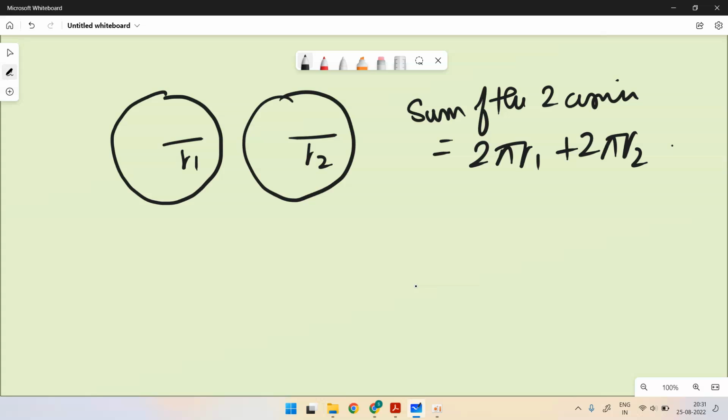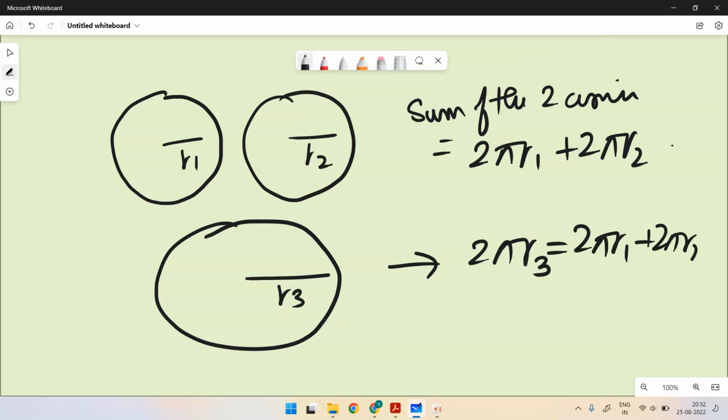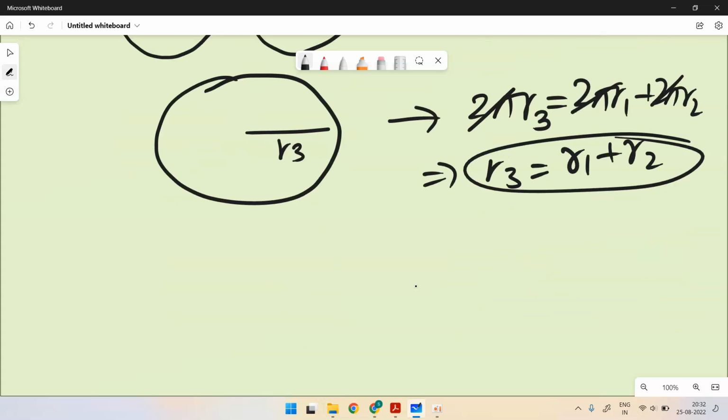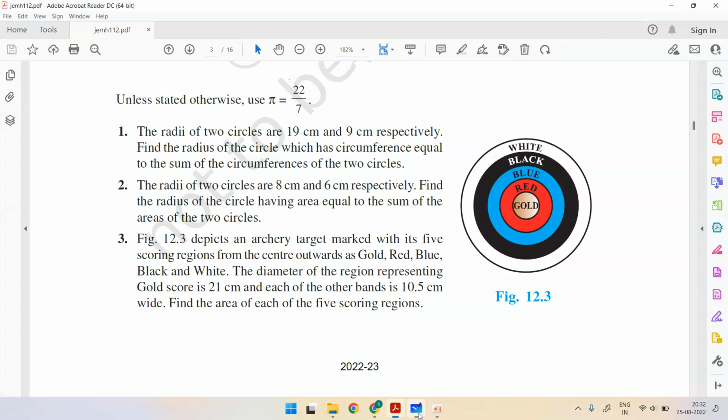Let us suppose this is a third, bigger circle whose radius is r3 and circumference is 2 pi r3. This value should be equal to 2 pi r1 plus 2 pi r2. If you cancel this, r3 equals r1 plus r2. Add the values and get the answer. Simple, nothing to solve in this question.